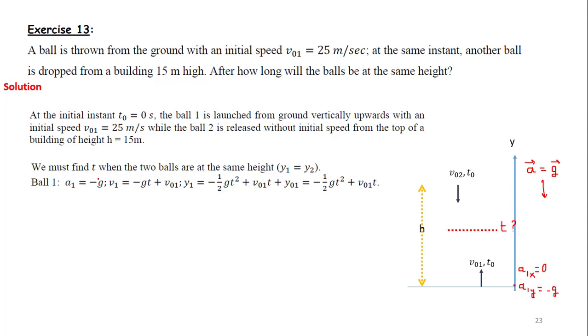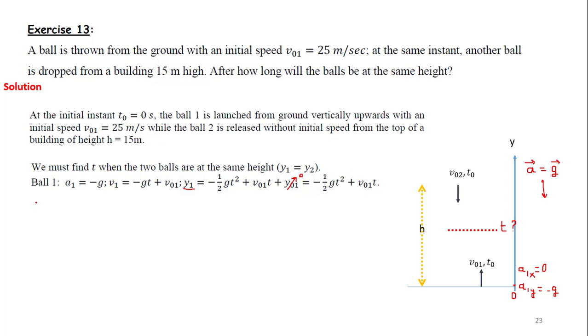By integrating, we can find v1 equal to minus gt plus v01. Here v01 is given. Then we can find y1. y1 is equal to the integral of v1 dt. We can make the integral and add a constant y01. Here y01 is equal to 0 because we took the origin at the ground. This is the origin O. So y1 is equal to minus half gt squared plus v01 t.